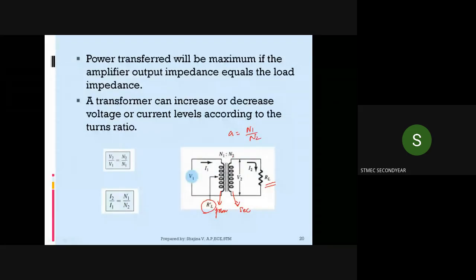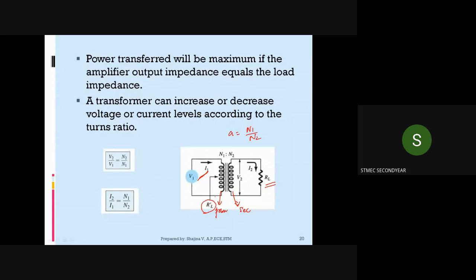So we are using this transformer, and V1 and I1 are the voltage and current at the primary terminal, V2 and I2 are the voltage and current at the secondary terminal. RL is our load impedance, which is connected to the secondary, and RL dash is the impedance of the primary winding.